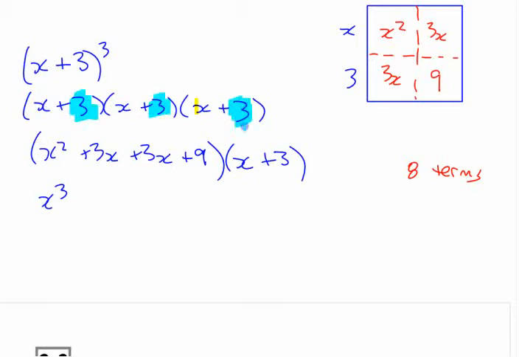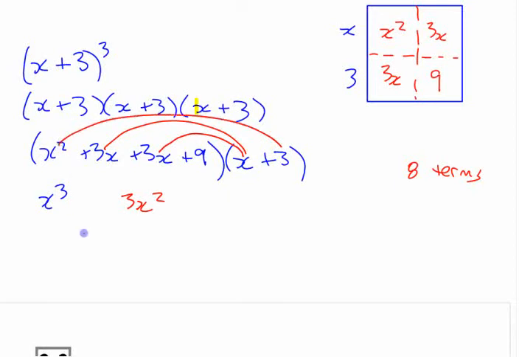Each of the other terms is going to come from pairing it up somehow. Okay? There's going to be a term that's x times x times 3, which is going to be 3x squared. How many times is that term going to appear? It's actually going to appear how many times? Because it's going to appear from there, but there's one more place it's going to come from. It's going to come from here as well, right? There's going to be 3 times that 3x squared occurs.